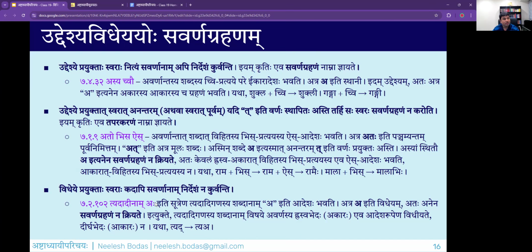So the adesha will only be hrasva akara. Adesha can never be dirgha akara. You don't need any tapara karanam or anything over here because tapara karanam is only for uddesha. It is not for vidheya. Vidheye prayuktaha swaraha kadapi savarna grahanam na kurvanti. So tyada, this particular transformation akara desha will only be for the hrasva akara. प्रत्य अनेन प्रकारेण आदेशः भवति.